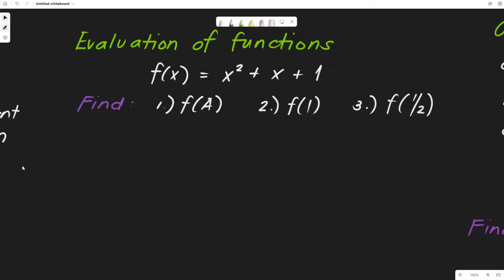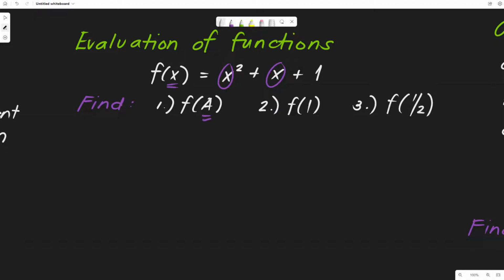In evaluating functions, say find f of a, you just replace all the variables in the original function with whatever is inside the parentheses. In our example, we have f of x, meaning x is the variable we need to change upon evaluation, so every x gets replaced by whatever is inside the parentheses of what we are looking for.